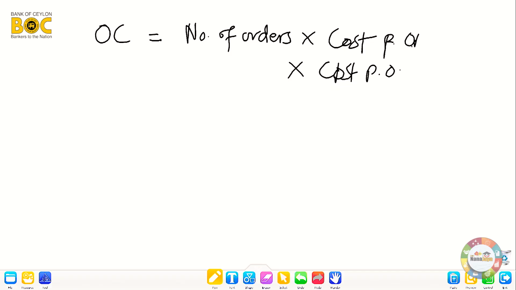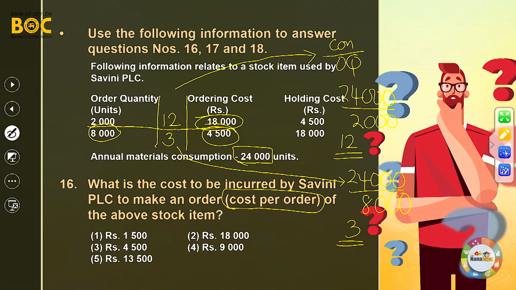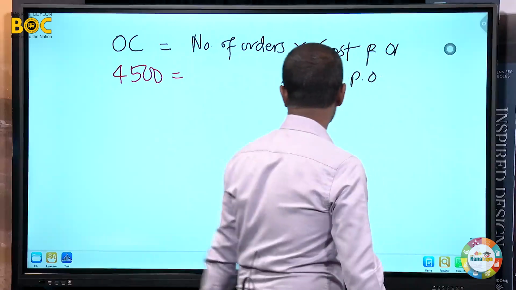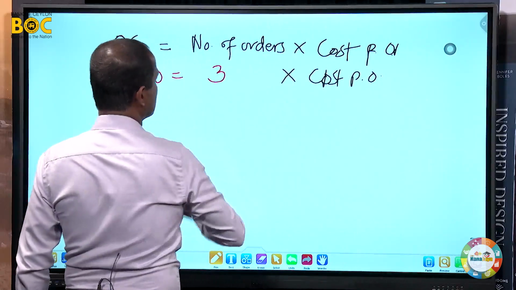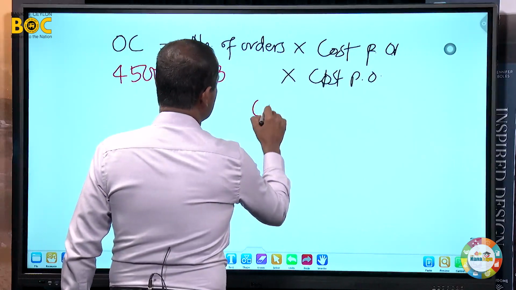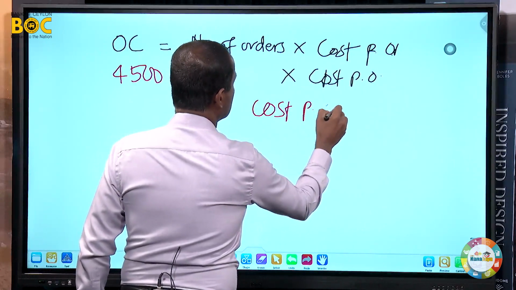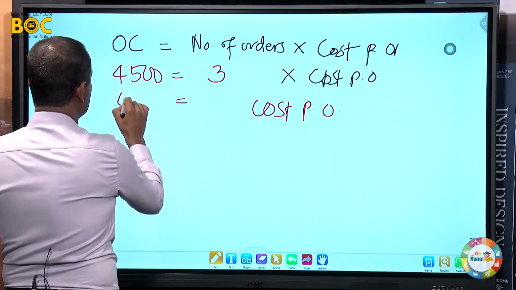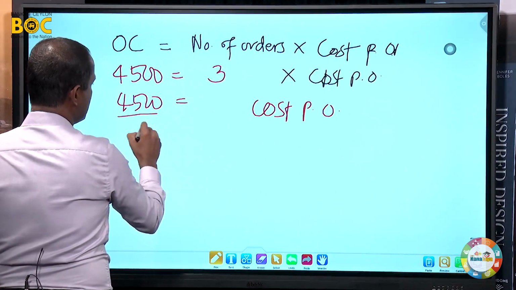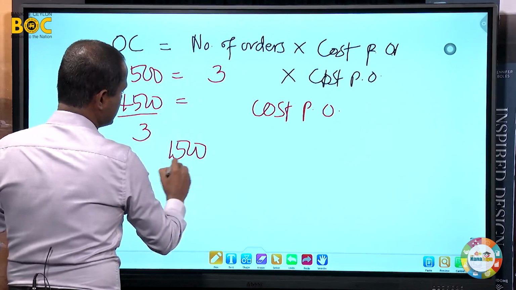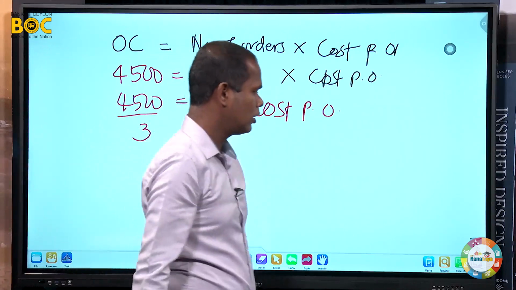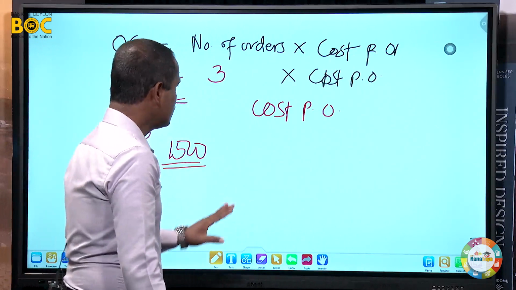So 4,500 equals how many orders? We calculated number of orders 3. We have to make 3 orders. And again, cost per order is 4,500 divided by 3, which remains constant at 1,500.